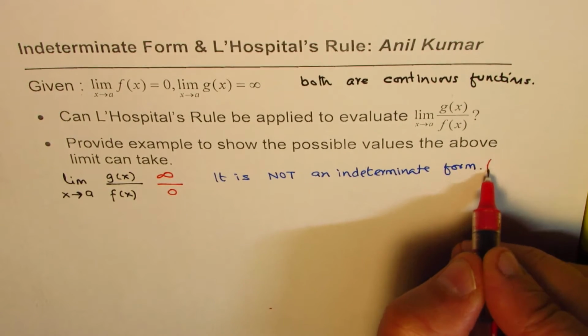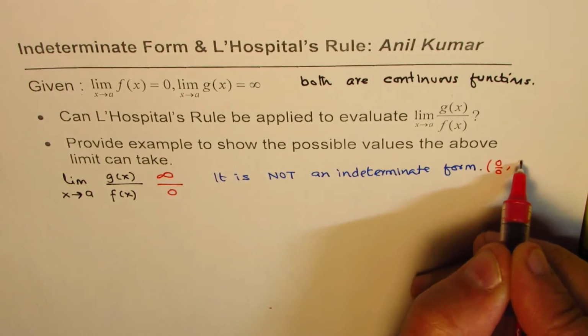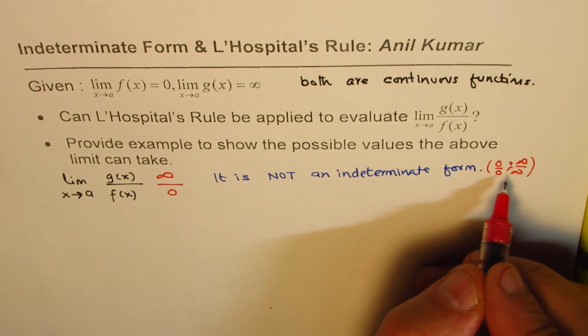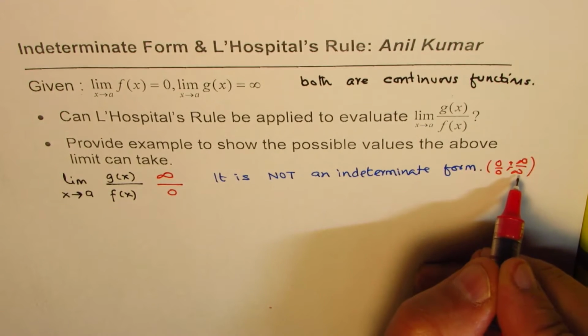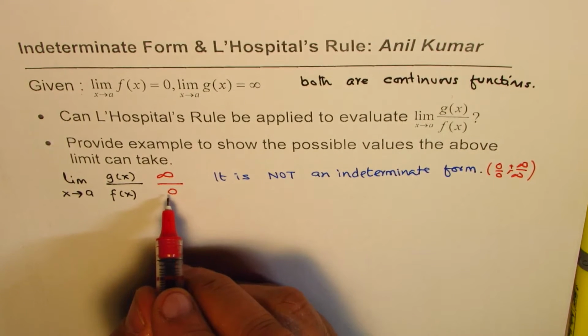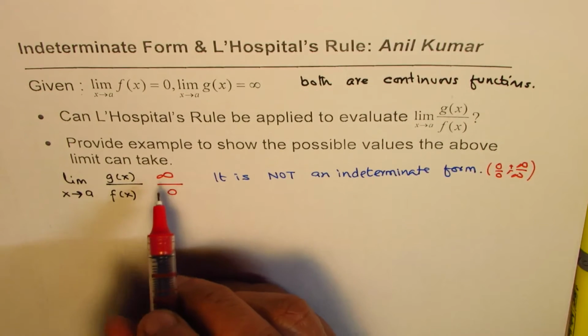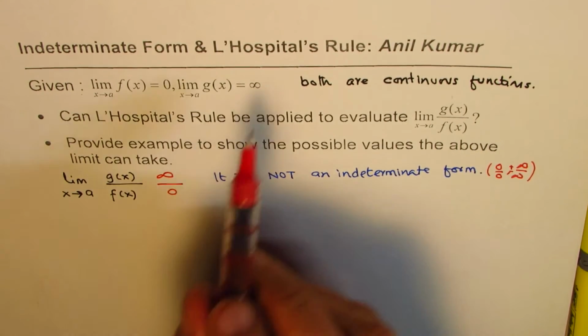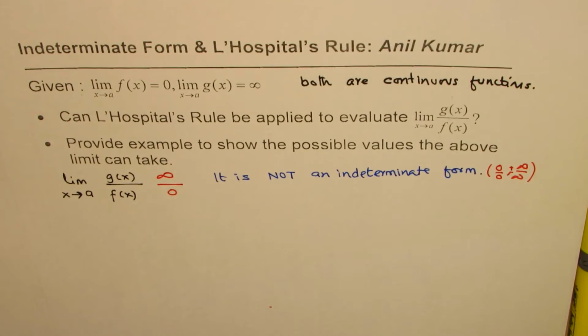Indeterminate forms are either 0 over 0 or infinity over infinity. It could be plus or minus, that doesn't matter. But 0 over 0 and infinity over infinity. This kind of combination is the one which will qualify the quotient of these functions for application of L'Hospital's rule. I hope this part is clear, right?